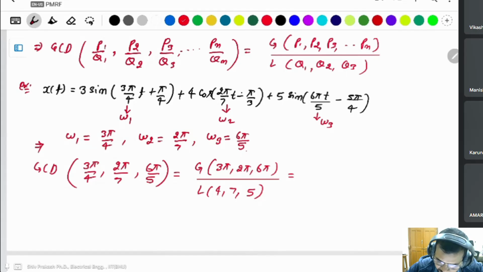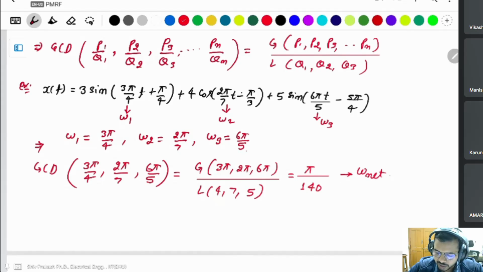The greatest common factor of the numerators, you can say, is pi, none other common. The LCM of the denominators is 140, because 4 into 7 into 5 is 140. The GCD is omega naught, or the fundamental frequency, you can say.